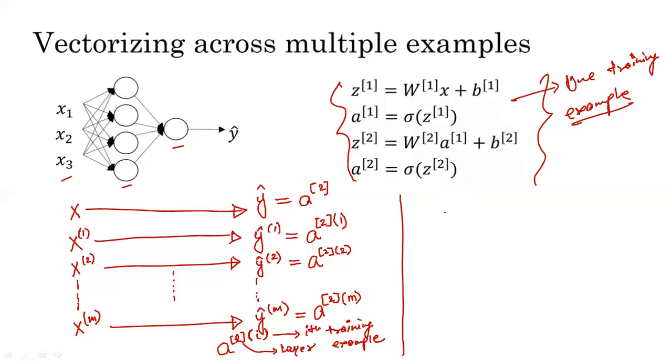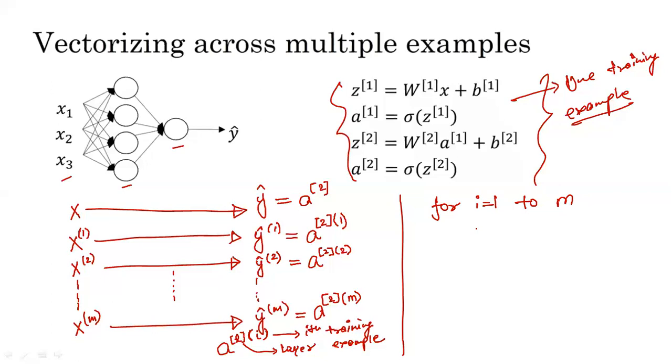Now, suppose I have m number of training examples, then my loop will start from i equal to 1, from the first training example, and go up to the mth training example. So I'll write my loop as for i equal to 1 to m. Now I need to represent the equations z1, a1, z2, and a2 inside this for loop.